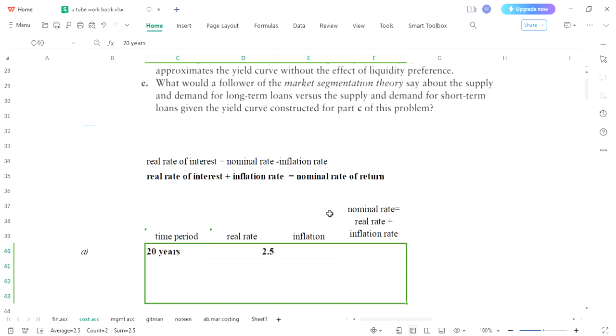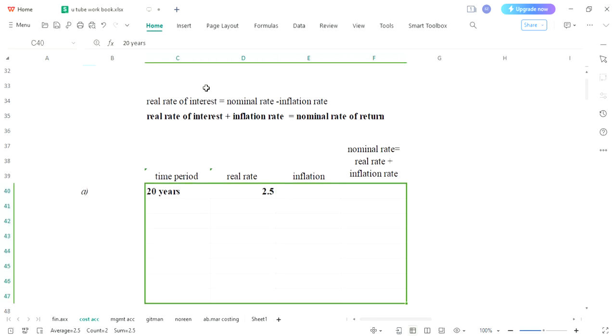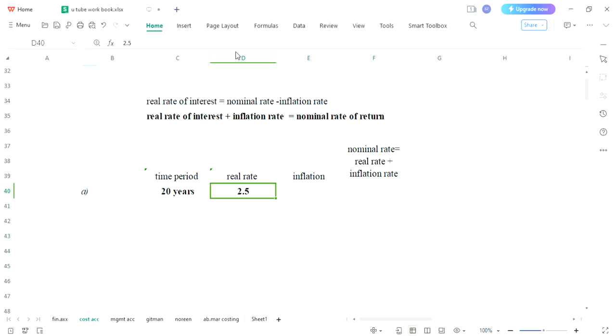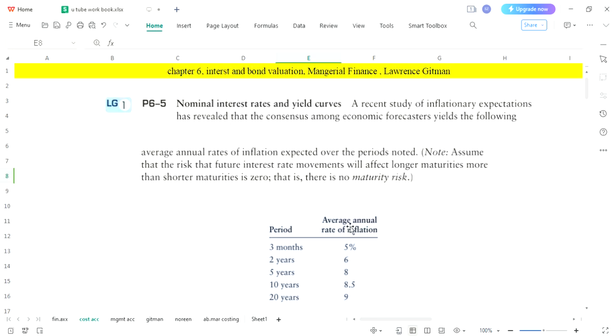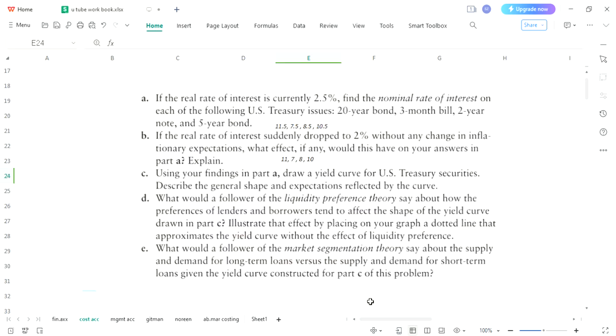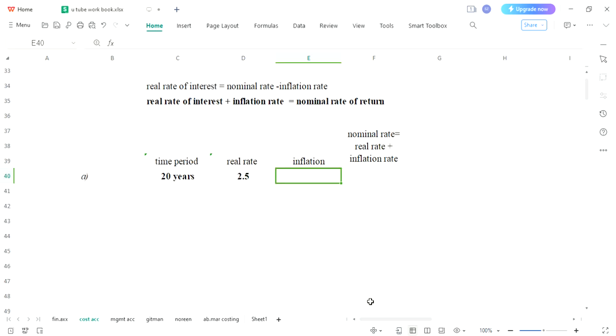And next you will be posting your inflation rate, and here inflation rate is given in your question. Average annual inflation rate, but we are doing for 20 years, it is 9%. So put 9% over here.